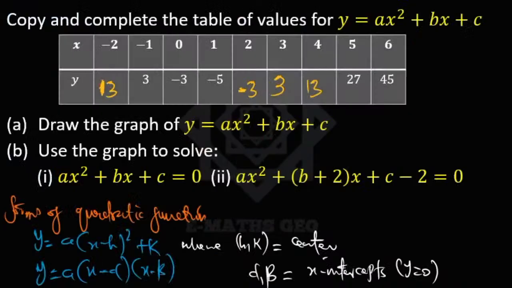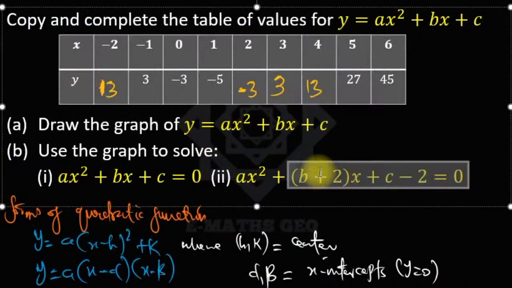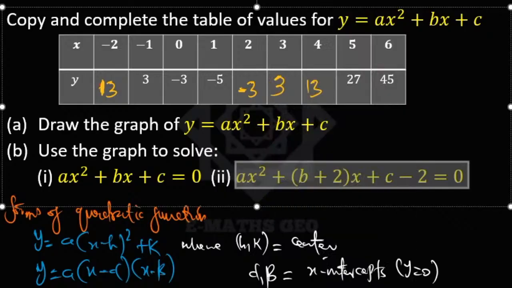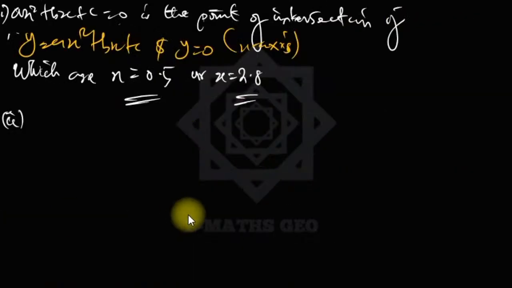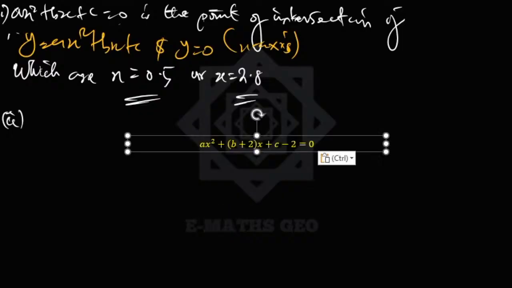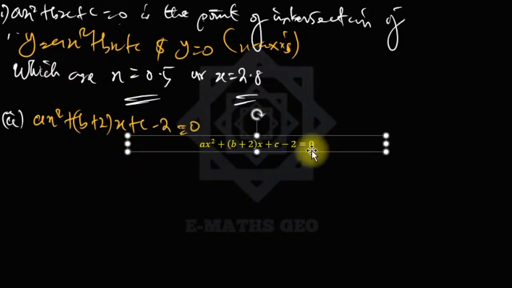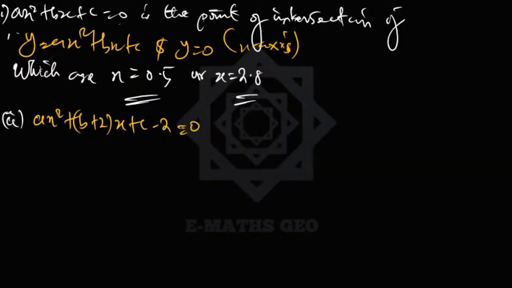So we are given this. Let's copy it. Let's paste it. So we have, so see, the same way we need to get ax squared plus bx plus c.